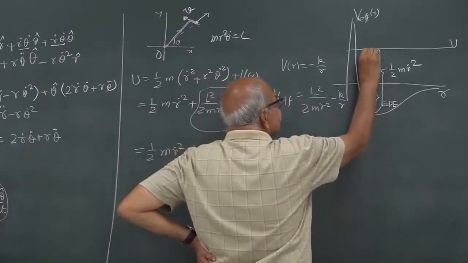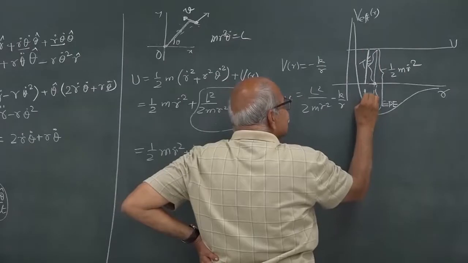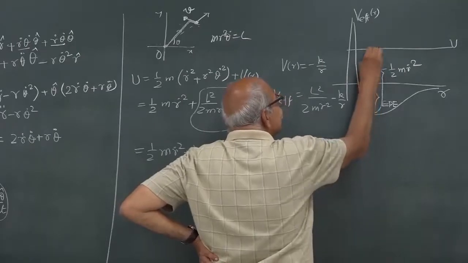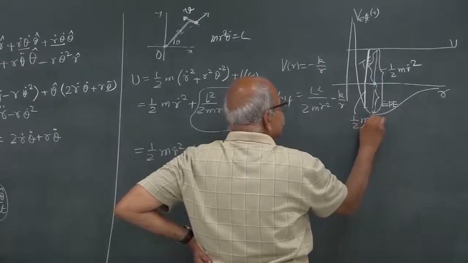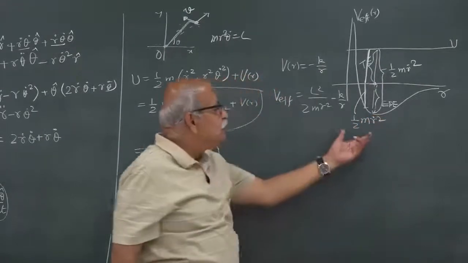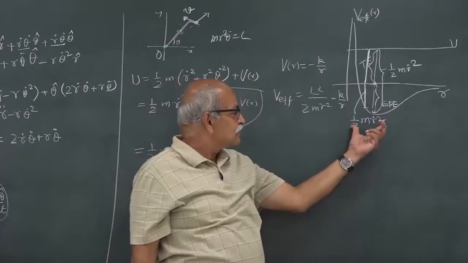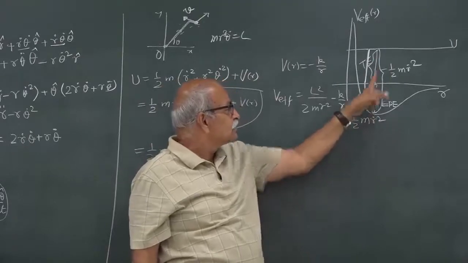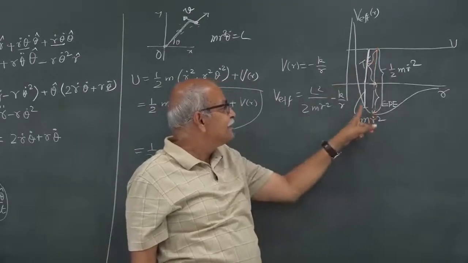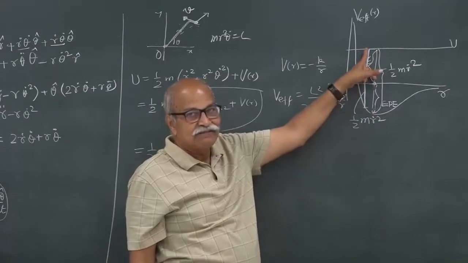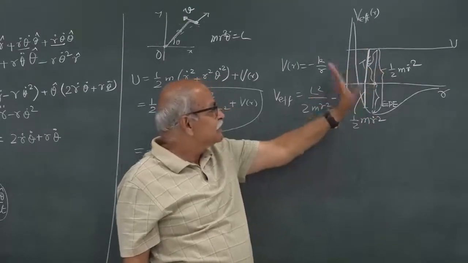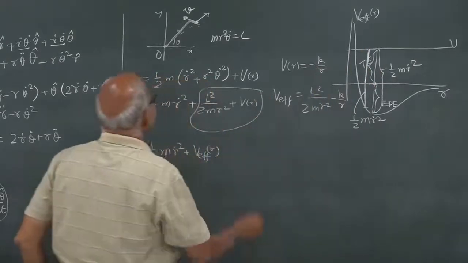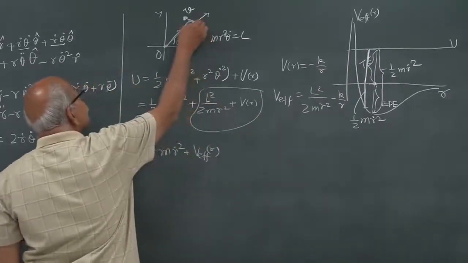What is from here to here? This is once again half m r dot square, which was this much and has decreased to this much. So, this way things will go.